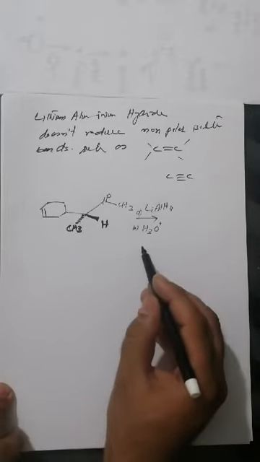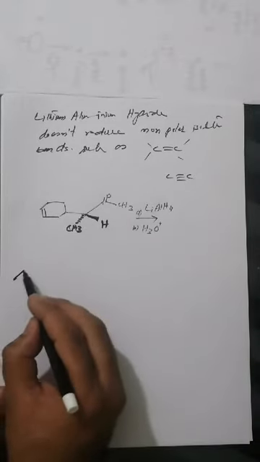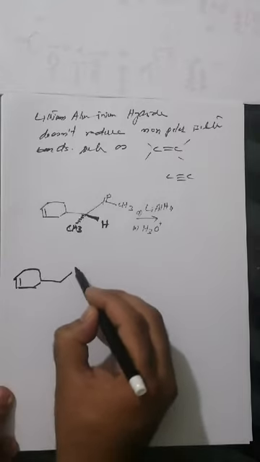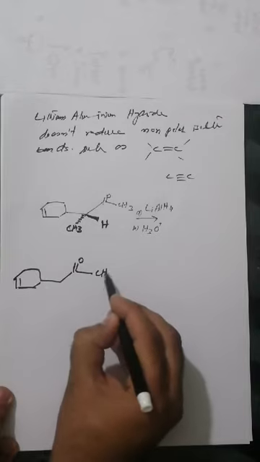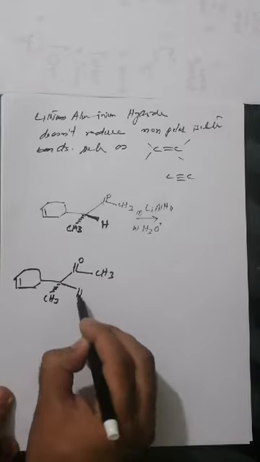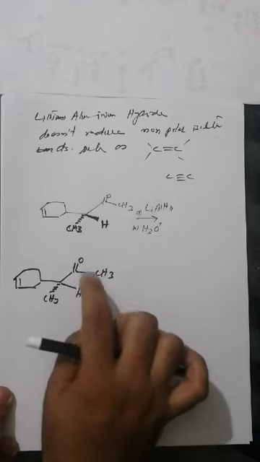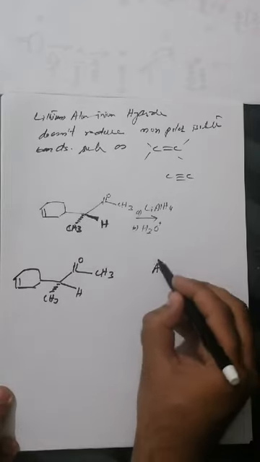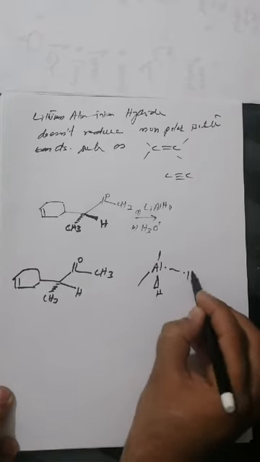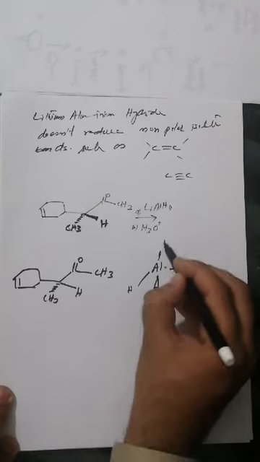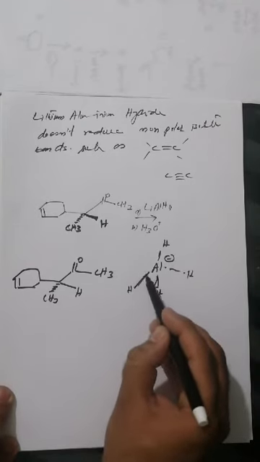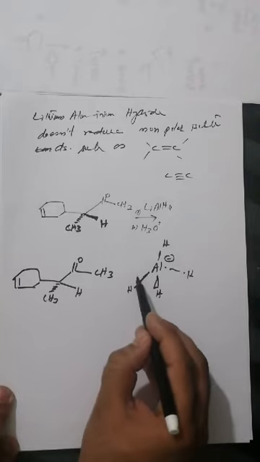So what happens now? You will have to focus on these functionalities: the keto group and lithium aluminum hydride. It will release the hydride ion, which will act as a nucleophile.